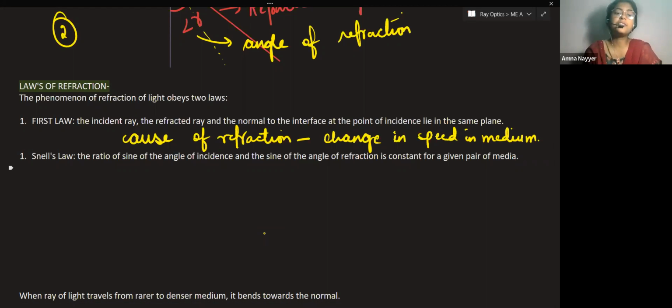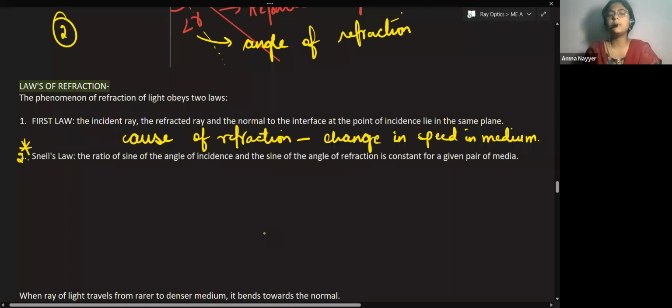The second law is very important, known as Snell's law. Why is this important? The formula is very simple, very straight, but the application of this formula is what matters. Direct questions on it will mostly not be asked in the exam, though there are slight chances.